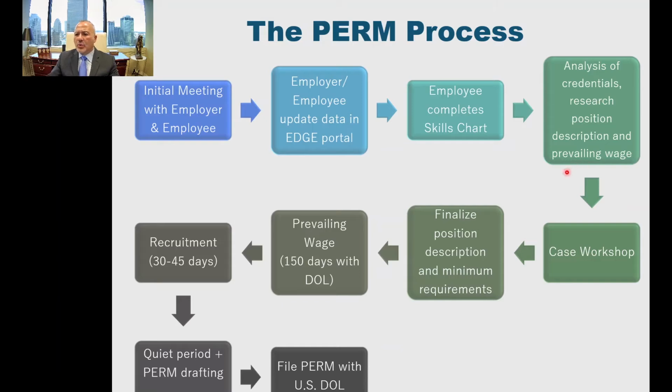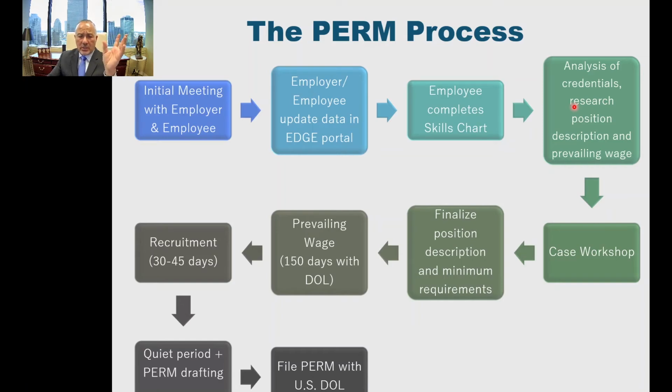Then I also do a prevailing wage analysis to make sure that the minimum requirements that we're asking for this position fit into what the Department of Labor expects. Okay, so we cannot go overboard with the minimum requirements. We have to put in the minimum requirement that is usually accepted for this position. An example is a law clerk or an accounting clerk, right?